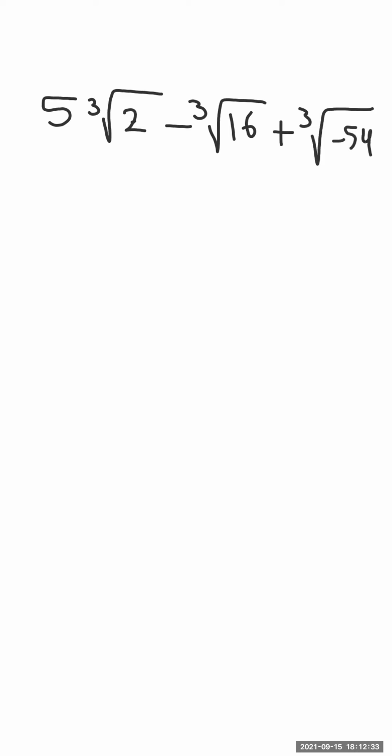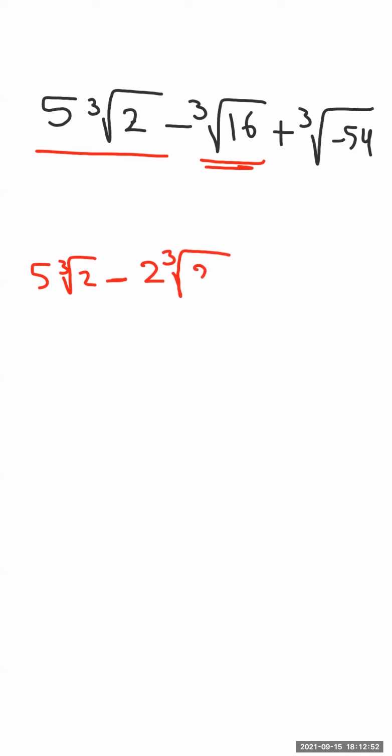It's very simple. 5 cubic root of 2 is already in the simplest form. Then minus cubic root of 16. As I said before, it's 8 times 2, so the cubic root of 8 means 2 cubic root of 2.